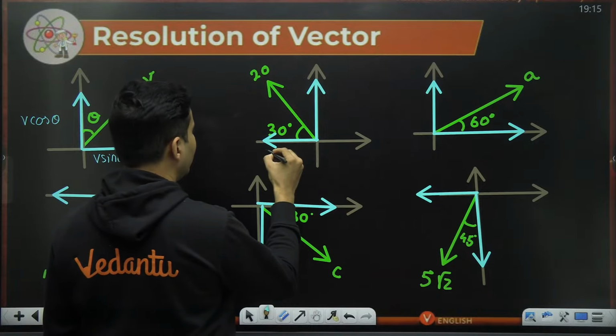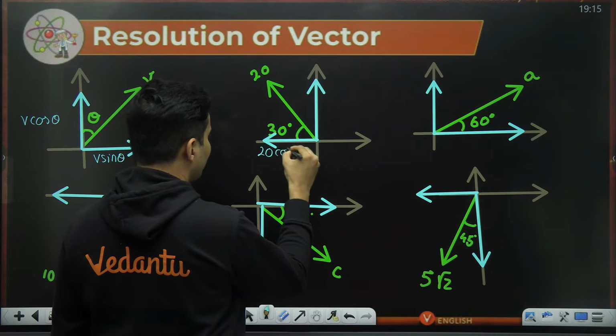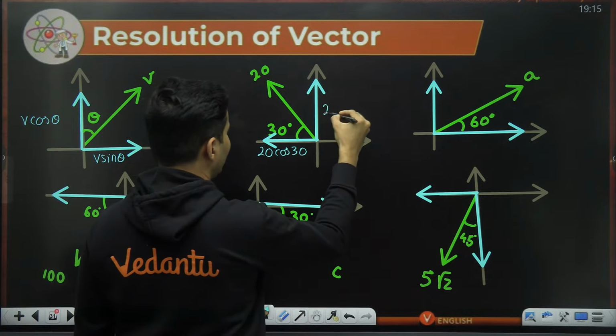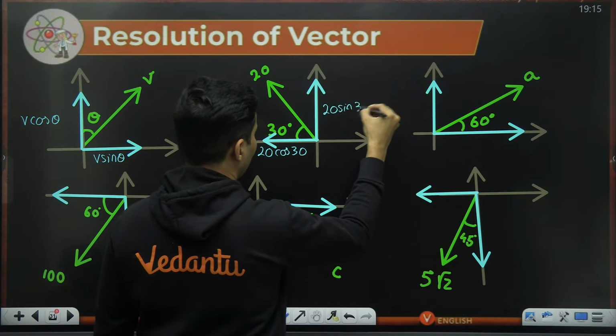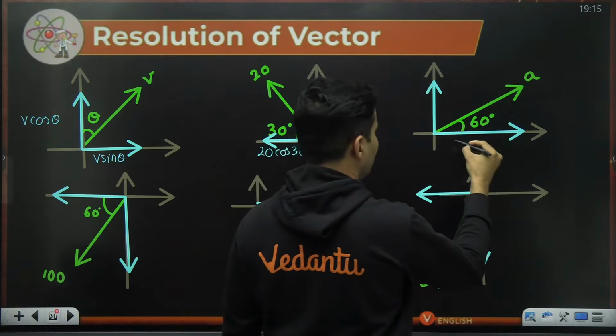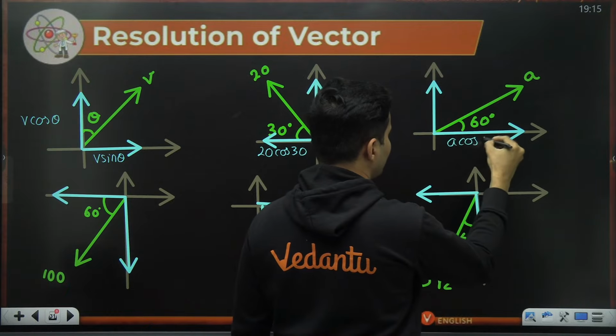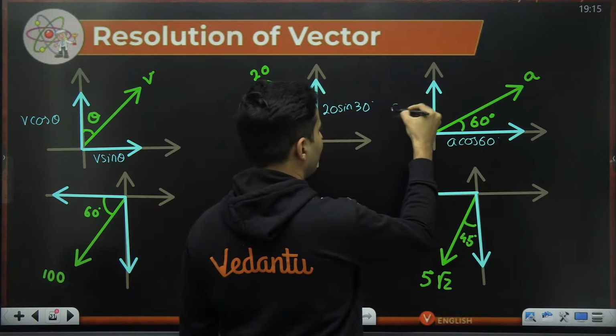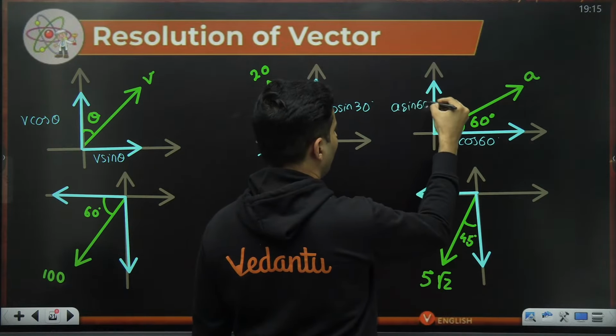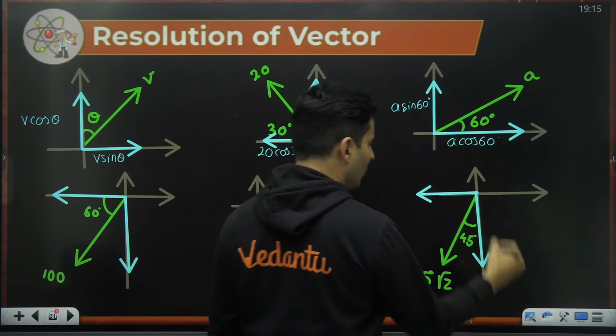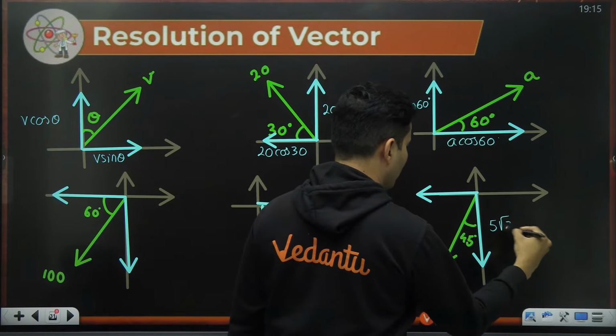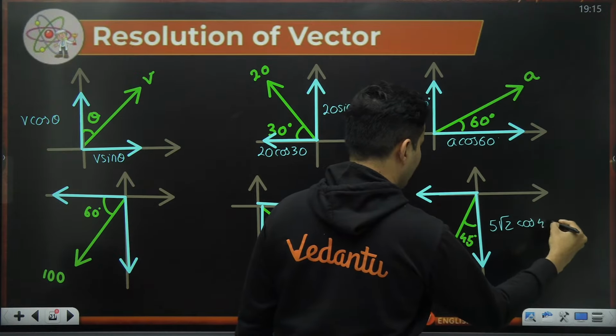This is closer to theta, so this will be 20 cos 30. This is far away, so this will be 20 sine of 30. This is closer, so this will be A cos 60. This is far away, so this will be A sine of 60. This is closer, so this will be 5 root 2 cos 45.